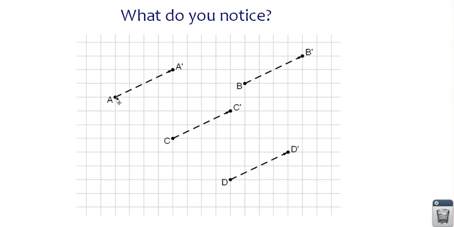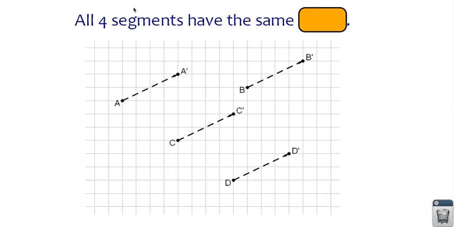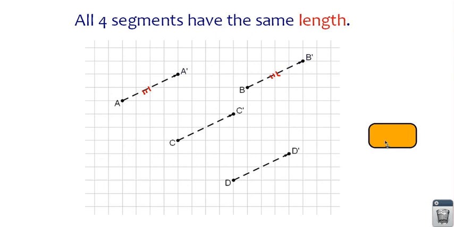The key thing here is to notice relationships among these 4 segments. Well, one thing to observe is that if we were to measure the distance from A to A prime and from B to B prime, C to C prime, D to D prime, it looks to be the case that all 4 segments have the same length. And if you know the Pythagorean theorem, there's actually an easy way to understand that.